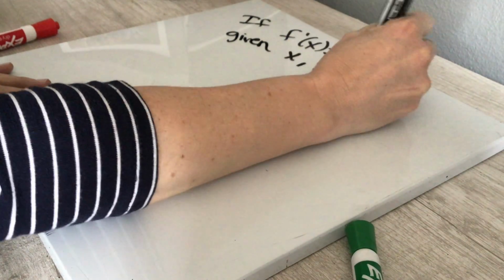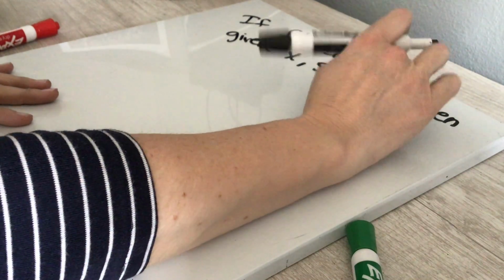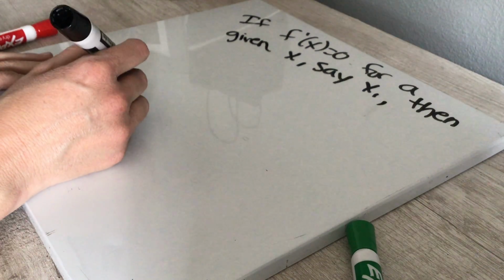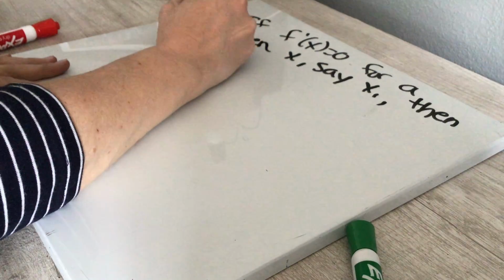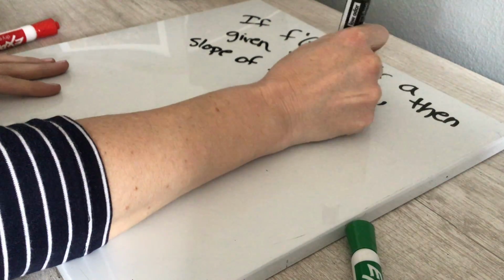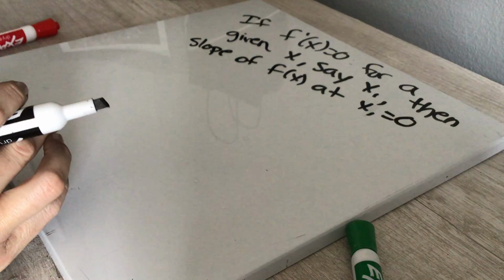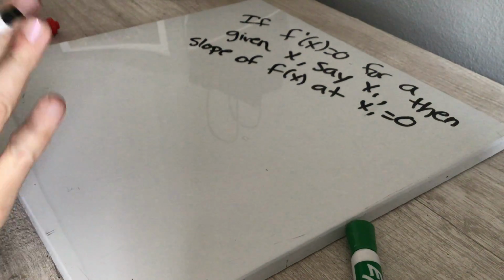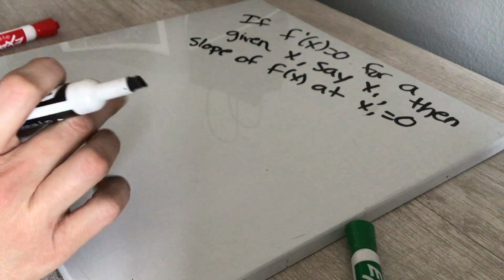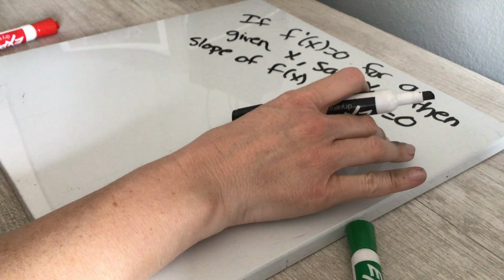We're going to say x1, okay? Right, so then if f prime of x equals 0 for some given x, we're going to call it x1, then the slope of the graph at that x value is 0, okay?